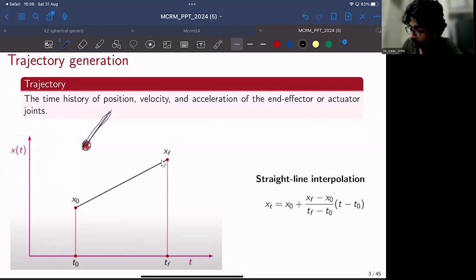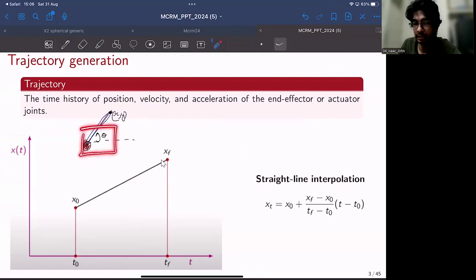You can either define the trajectory through the task space, maybe x and y, or you can define the trajectory with respect to its joint space, theta. Either definition is possible. We'll see the intricacies of either of these methods of trajectory planning.